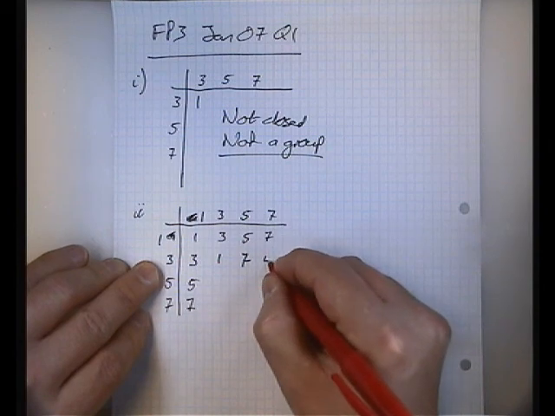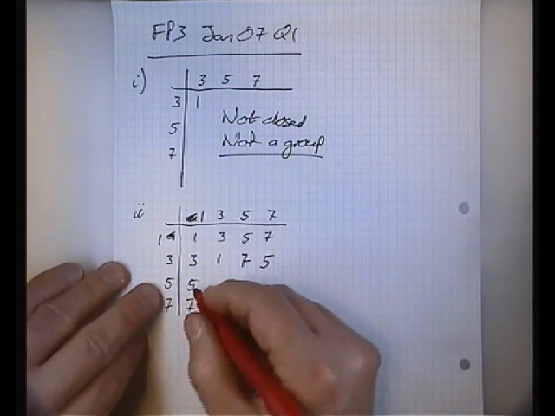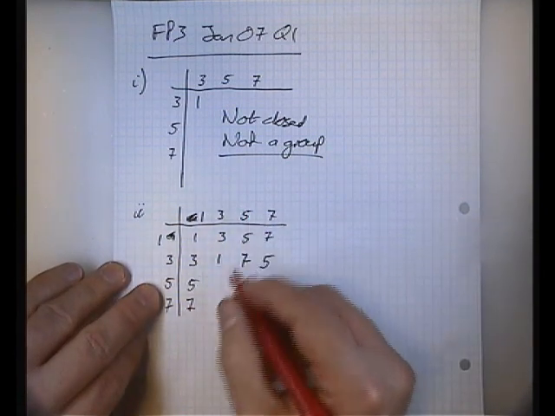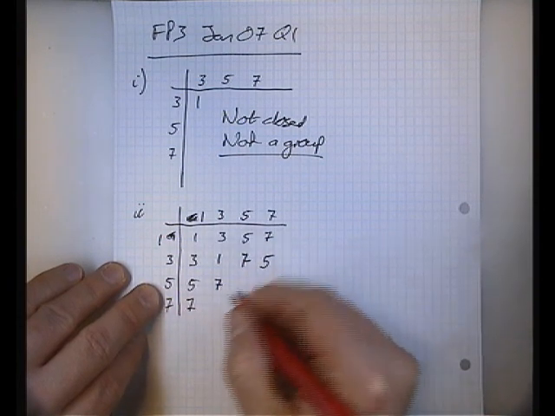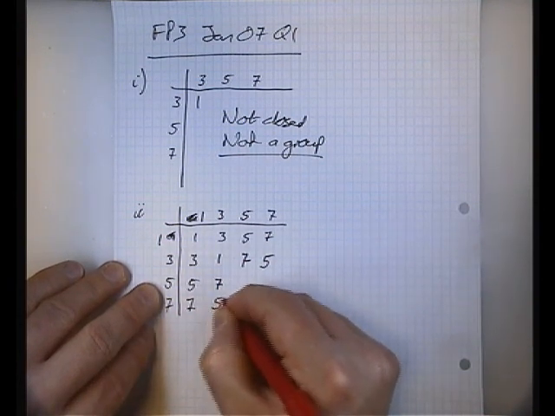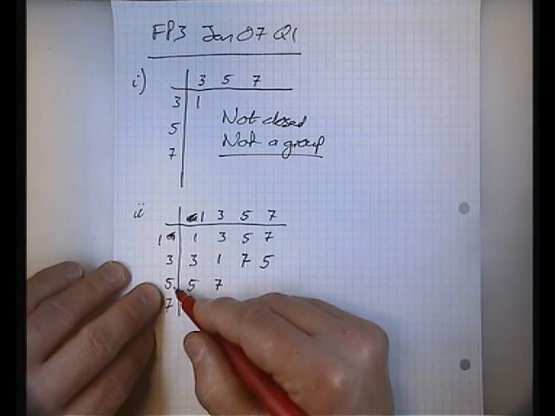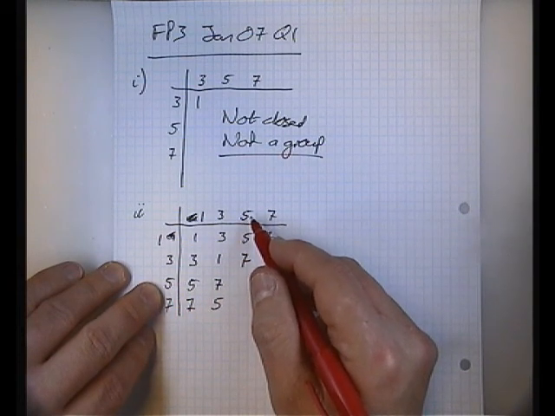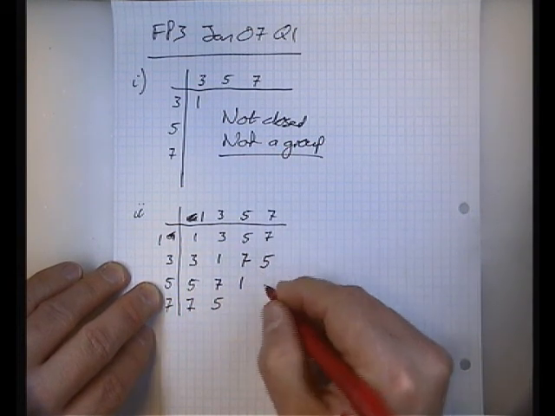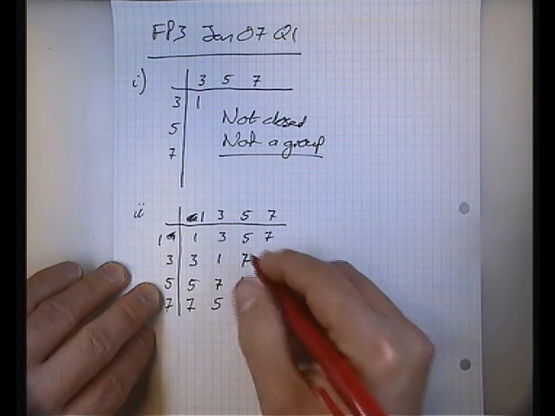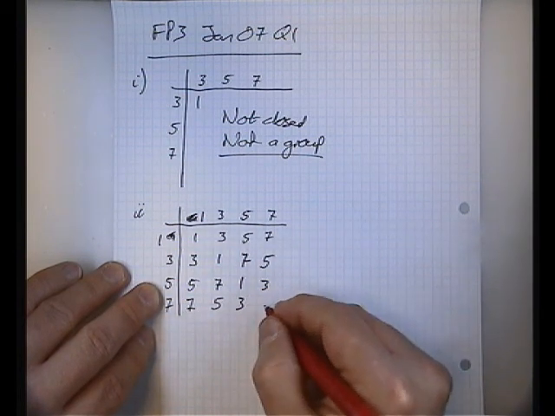Then 5 times 3, well, we've done 3 times 5, so that's going to be the 7 there, and that one's going to be 5. I'm going to fill this in largely through the fact it's a Latin square, but 5 times 5 would normally be 25, but that's 1 modulo 8, so that one's got to be 3, that one's got to be 3, and that one's got to be 1.